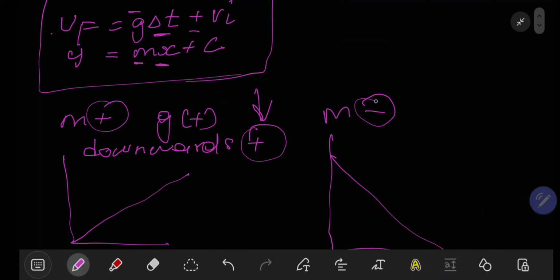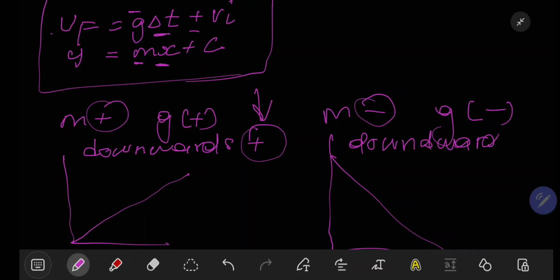Then when we have the gravitational acceleration to be negative, that is the case where our downwards direction will be negative. So if downwards is negative, then it means our gravitational acceleration will be negative 9.8 meters per second squared.